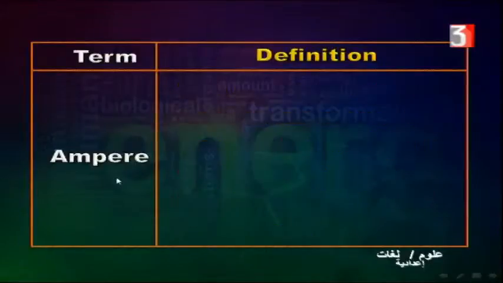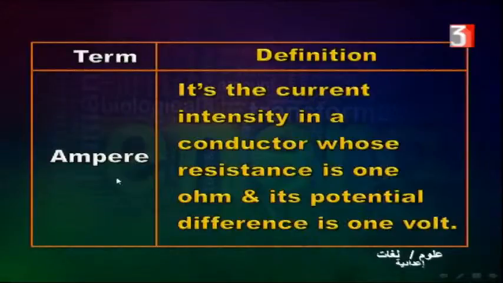Ampere, we will define according to Ohm's law. Ampere is the current intensity in a conductor where resistance is 1 ohm and potential difference is 1 volt. When potential difference is 1 volt and electric resistance is 1 ohm, the electric current intensity is 1 ampere.